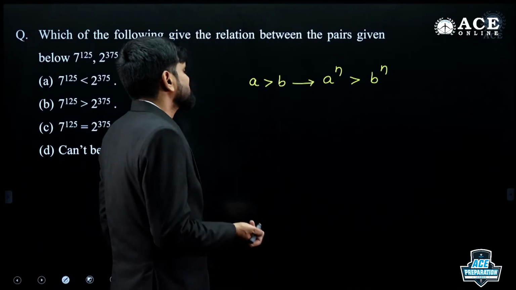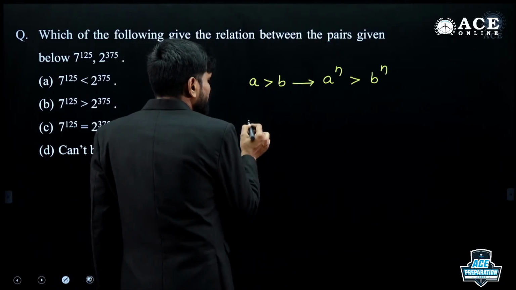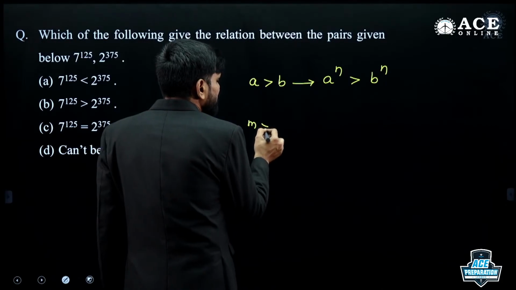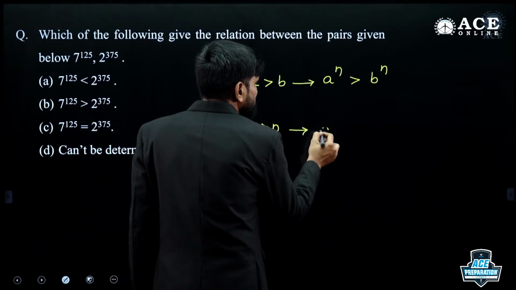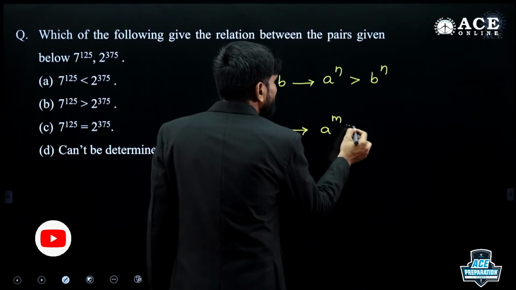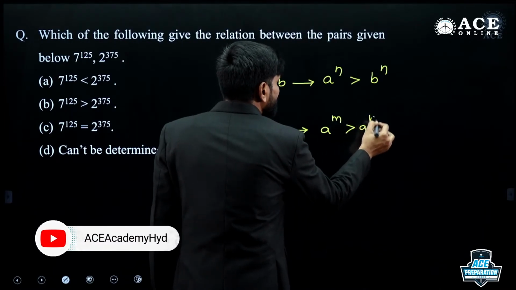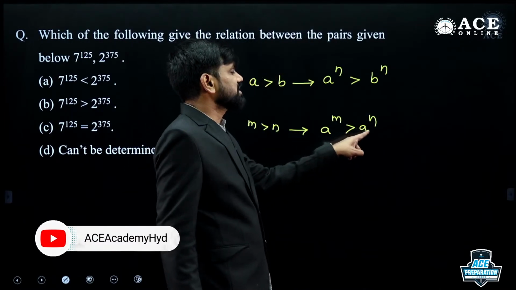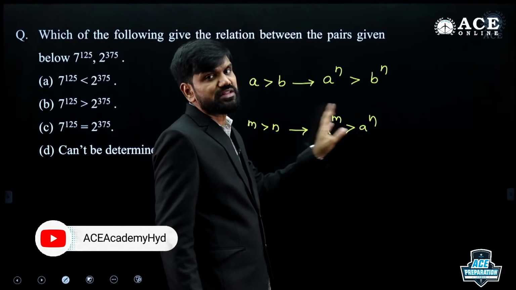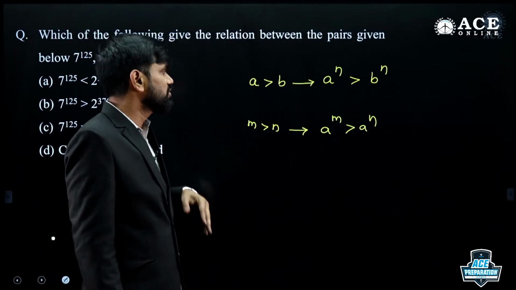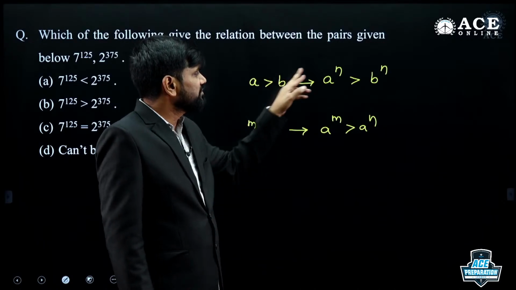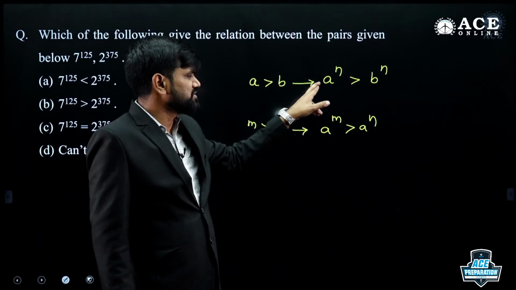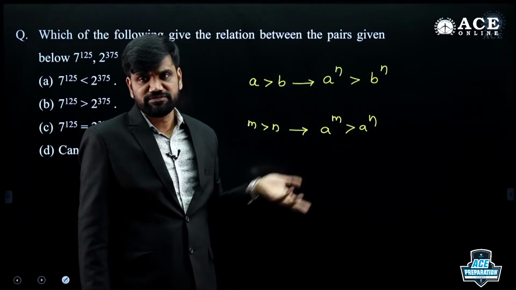If the bases are same, if m is greater than n, then in that case what will happen? A power m will be greater than a power n. So here if the bases are same, compare the powers. So to compare the set of terms, if the powers are same, compare the bases. Whichever base is higher will be the highest.